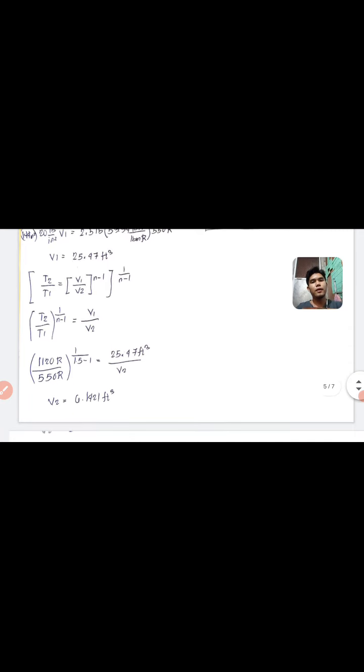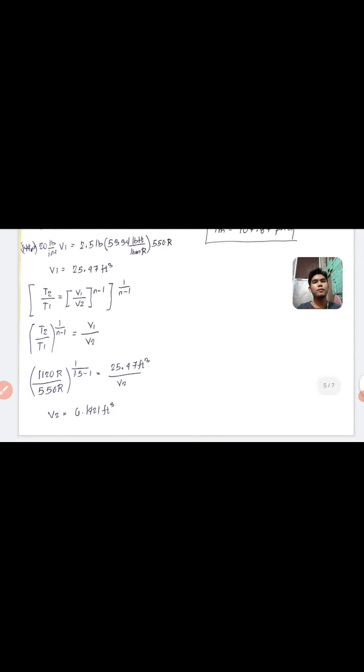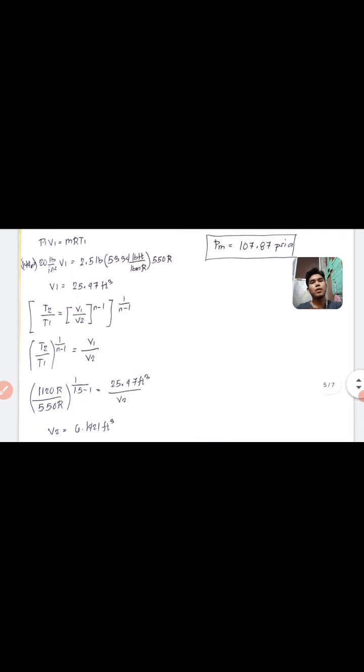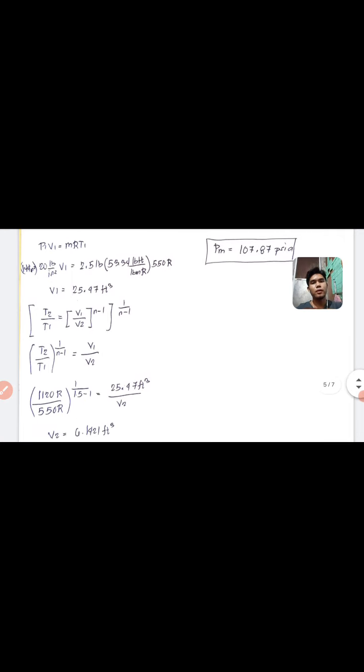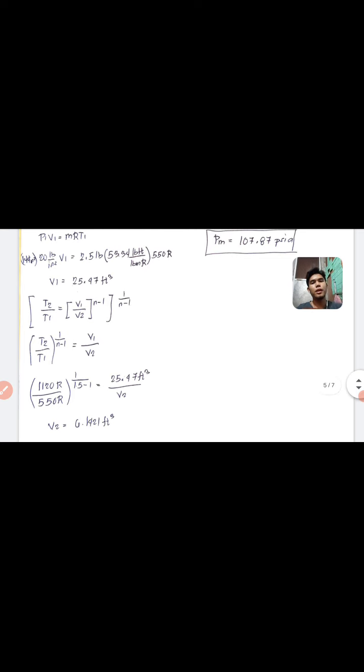And now let's find the value of V2. Using the formula of T2 over T1 is equal to V1 over V2 raised to n minus 1, we multiply both sides by 1 over n minus 1 in order to cancel here.